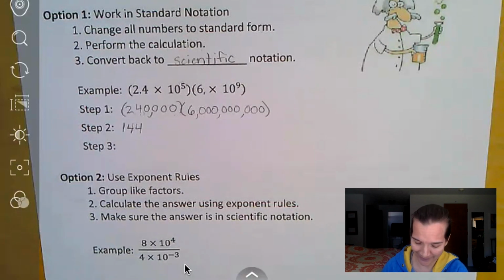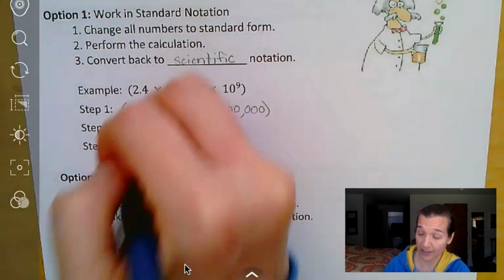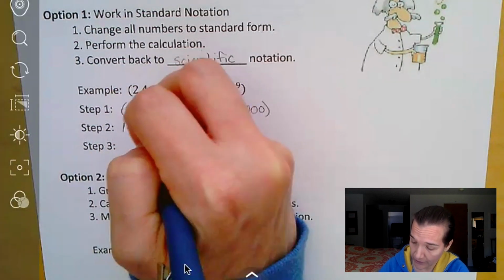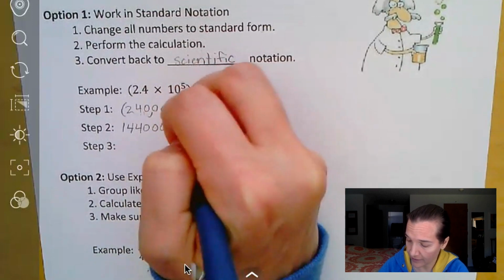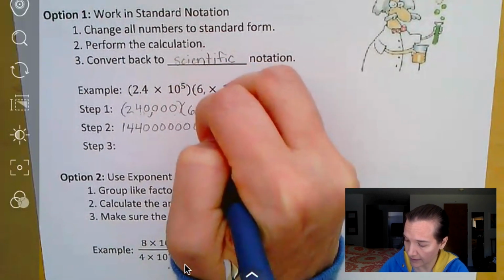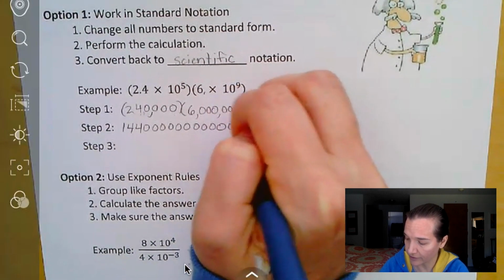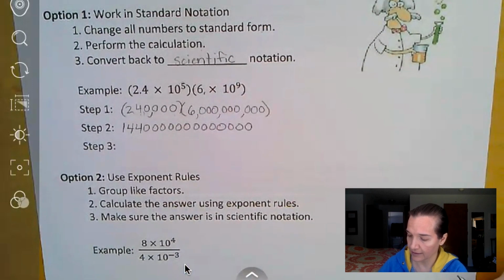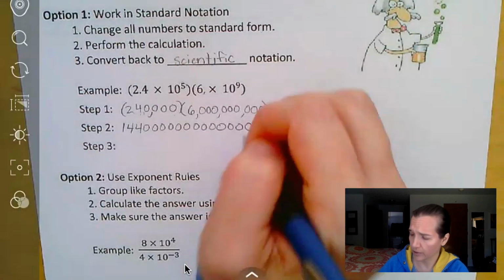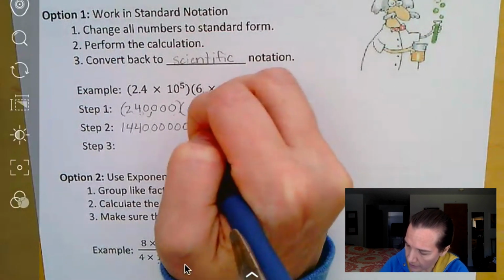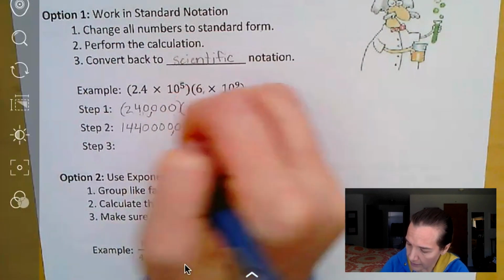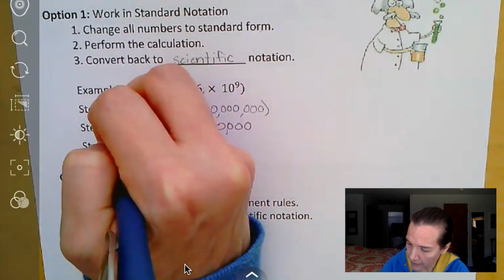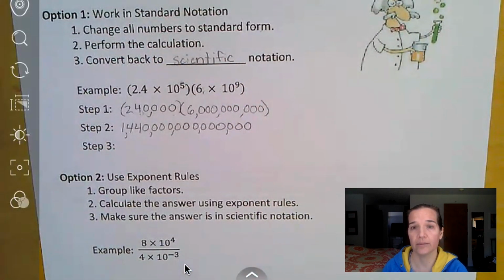So I'm going to add 13 zeros to the end of this. 1, 2, 3, 4, 5, 6, 7, 8, 9, 10, 11, 12, 13. That's a lot of zeros. I'm going to put my commas in so we can see what kind of number this is. Comma every 3. And there we go. There's my answer.